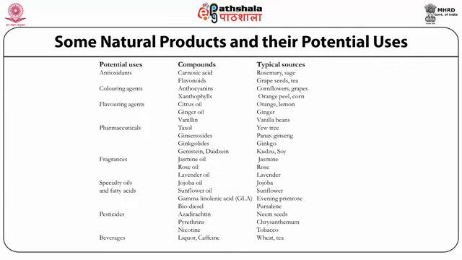In the same way, some fragrances like jasmine oil, rose oil and lavender are other important products obtained from natural products.